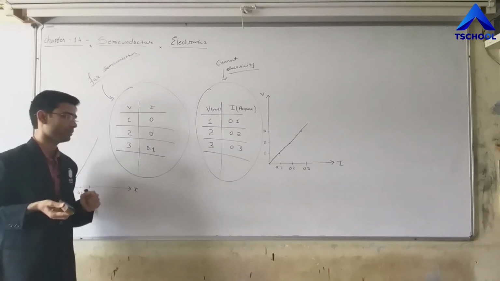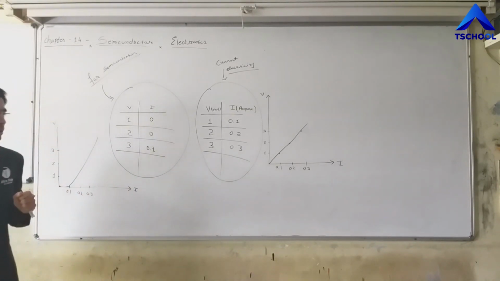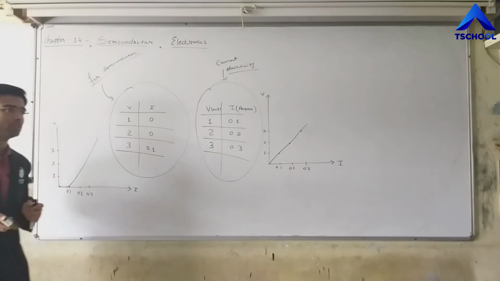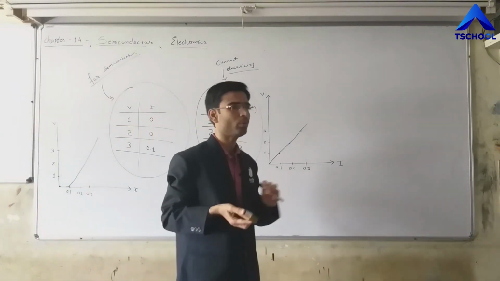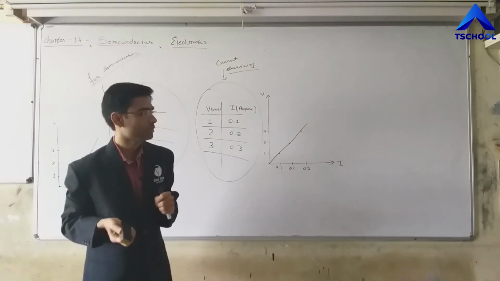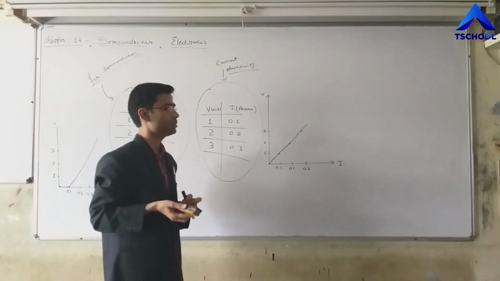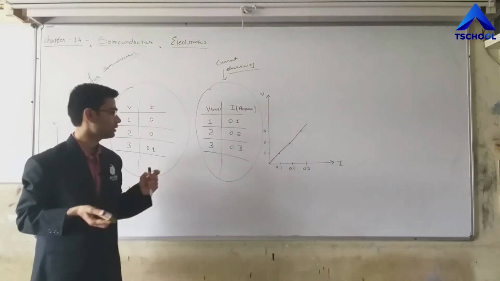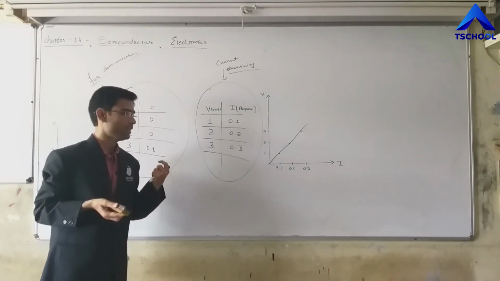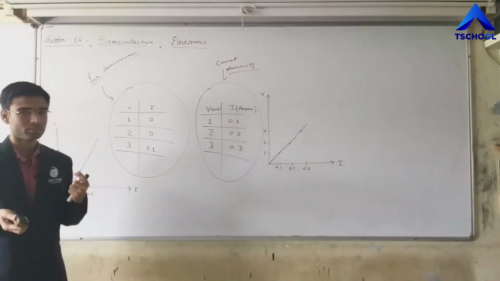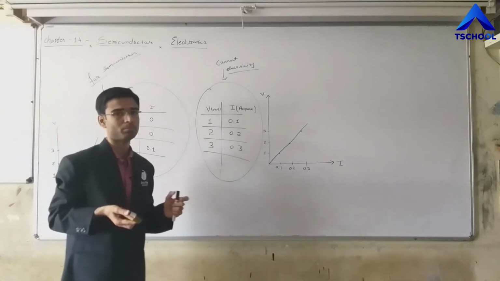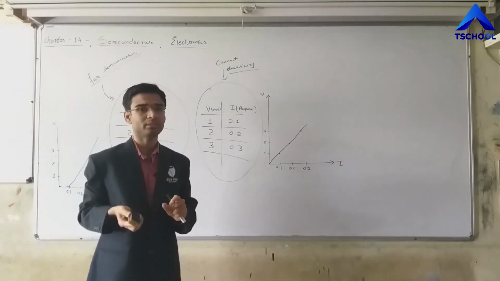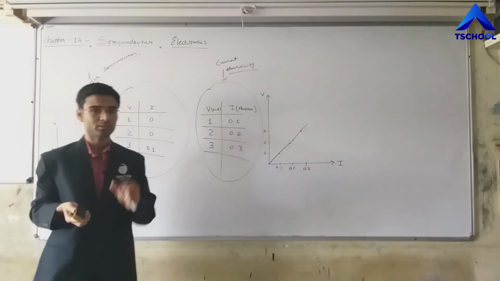In conductors we can see a large number of free electrons. In insulators there is a very small number of free electrons. And in between, compared to conductors there are fewer free charges, and compared to insulators there are more free charges; that is semiconductors.